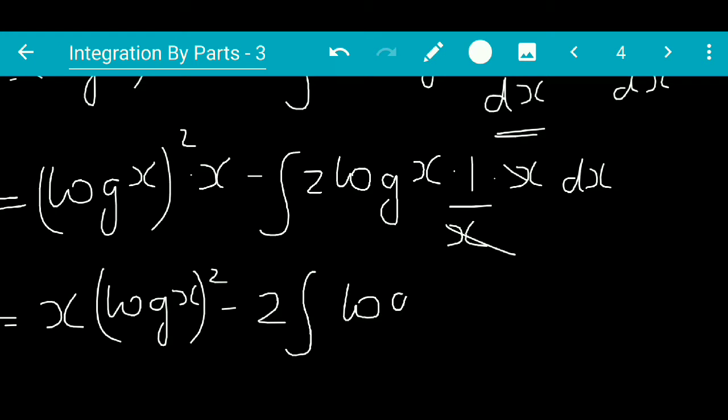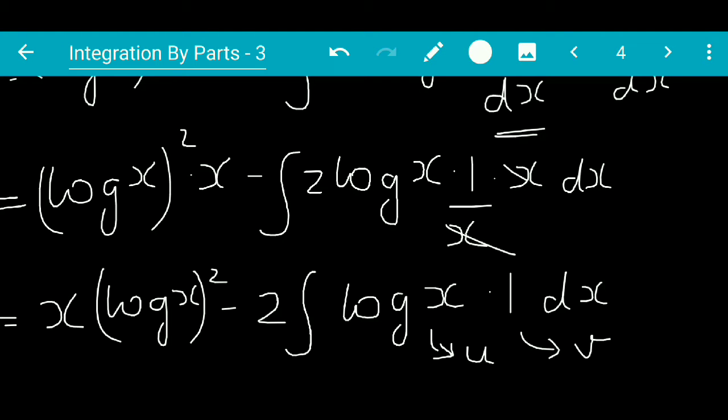Now as I have told you, integral of log x is not defined. So we again do something which we did in the beginning of the sum, that is we write it as log x into 1 dx, so that now we have two terms. Again log x becomes u in this case and 1 becomes v.